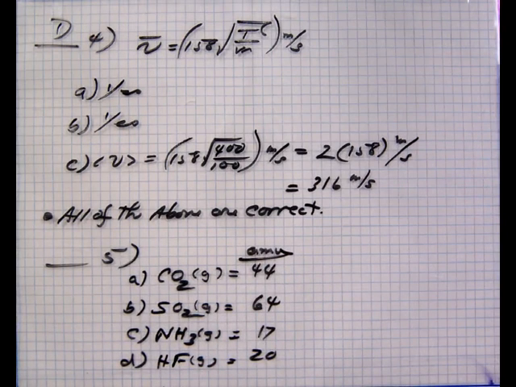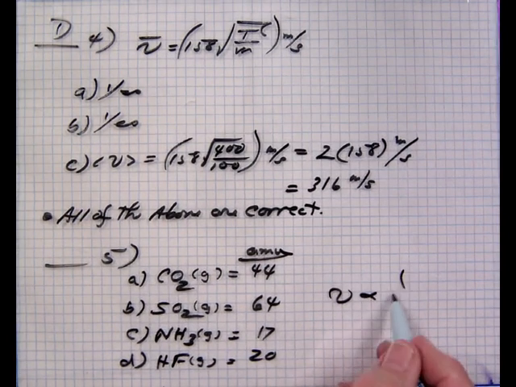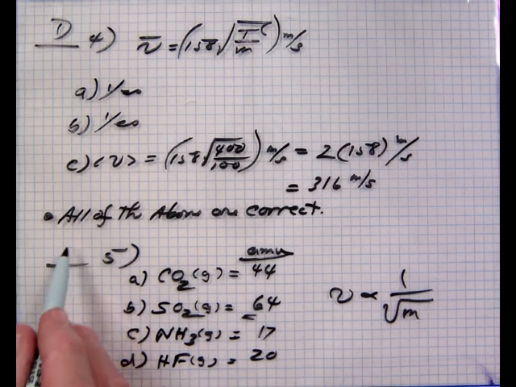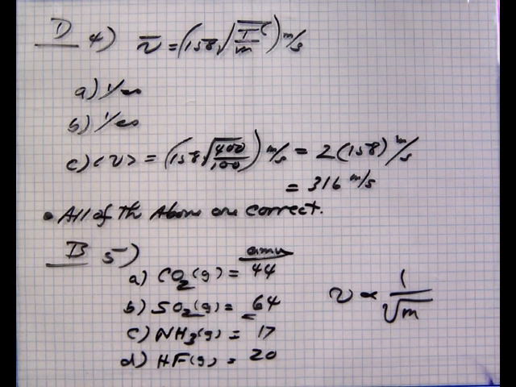So from the root mean square velocity equation, or Graham's law, which says velocity is proportional to 1 over the square root of mass: as you increase mass, what happens to velocity? It goes down. SO2 has the largest mass of the collection, and so I would have chosen B choice in that one.